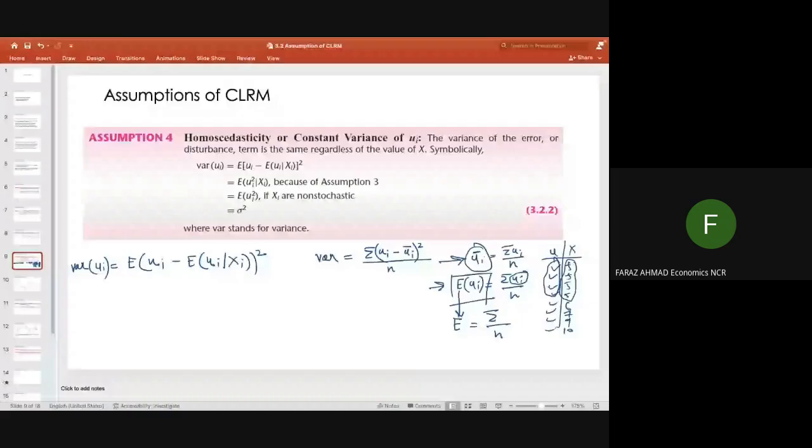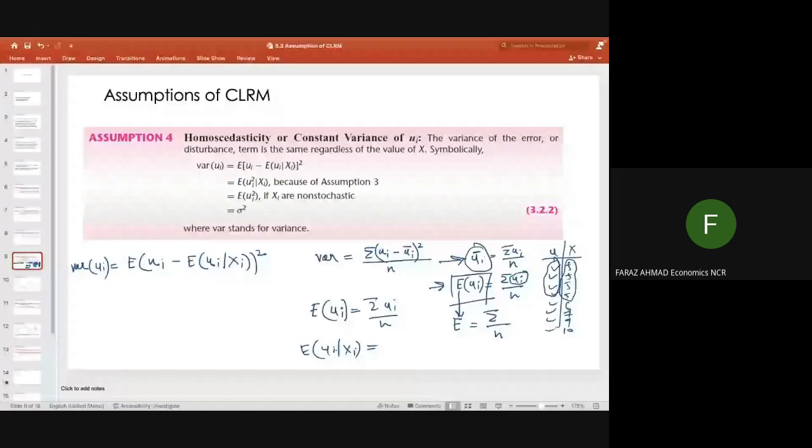So that's the difference from the unconditional mean. If you say expected value of ui, then you have to add all the u's and divide by the number of u's, right?